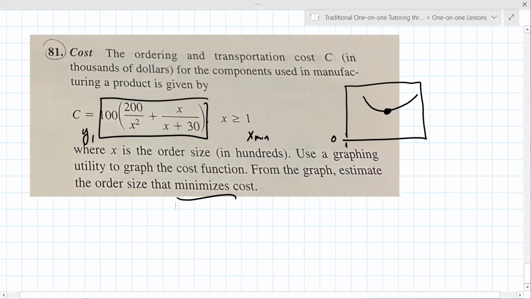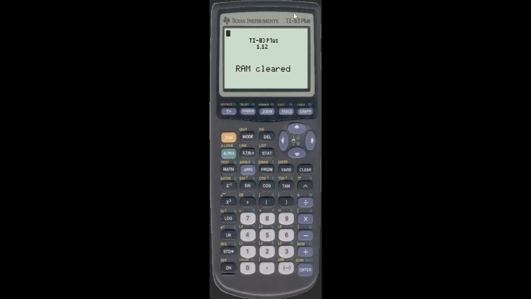All right, let's get the calculator out. I'll just talk here a little bit. In my experience, the main problems come from entering the equation incorrectly. Yeah, I noticed like forgot a parenthesis in there.